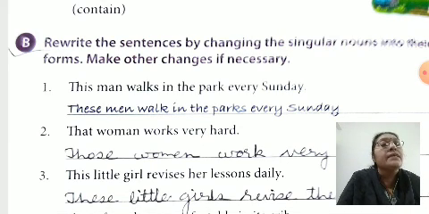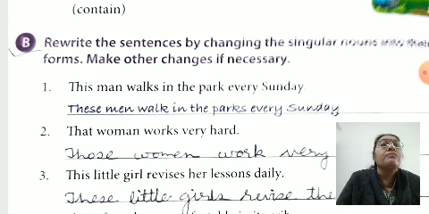Rewrite these sentences. You have to write this sentence in the proper way. This man walks in the park every Sunday. This man walk in the parks every Sunday. Here, this is singular, so it becomes plural. That, man, man is singular, its plural is men.